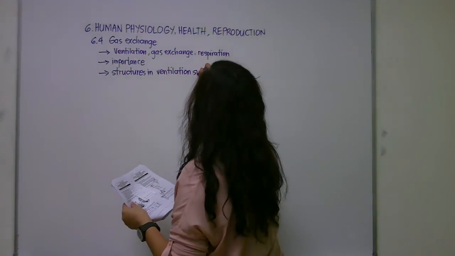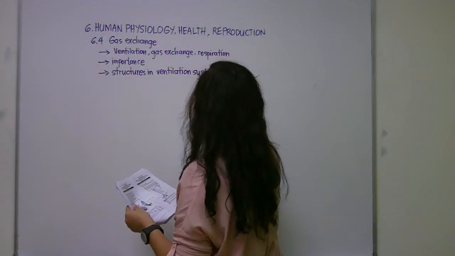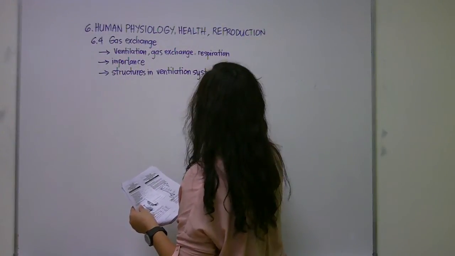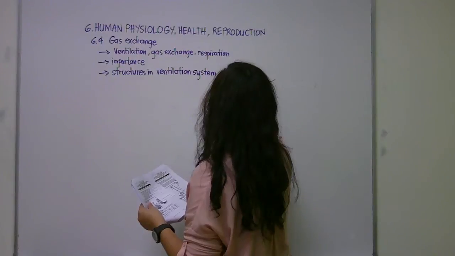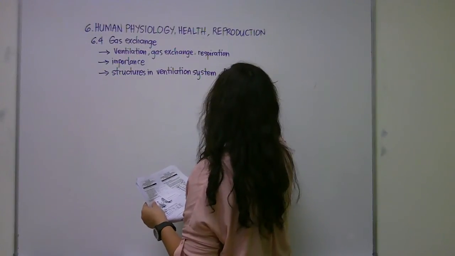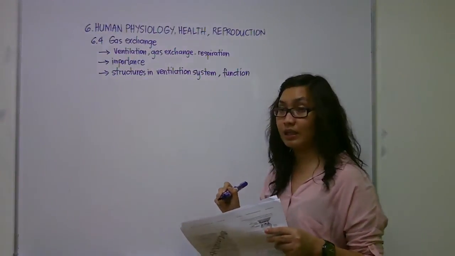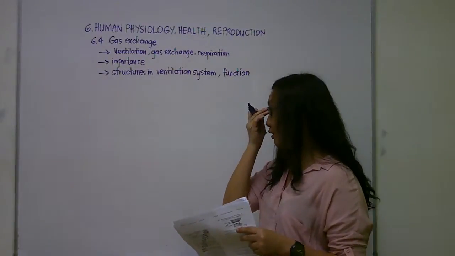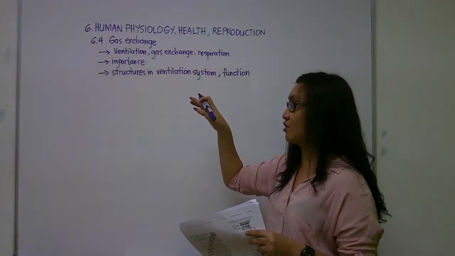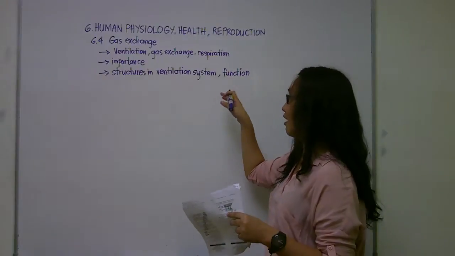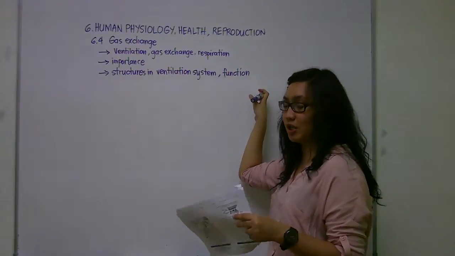Once we have identified the structures, it is very important for the students to learn about the function of each structure. Okay, because for sure there will be differences in how the structures are arranged because they are serving a specific function.